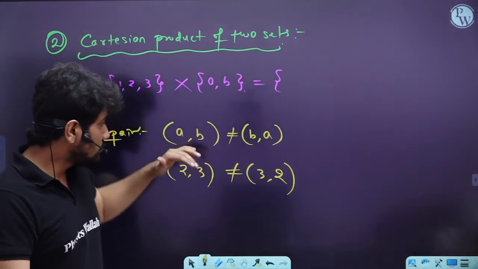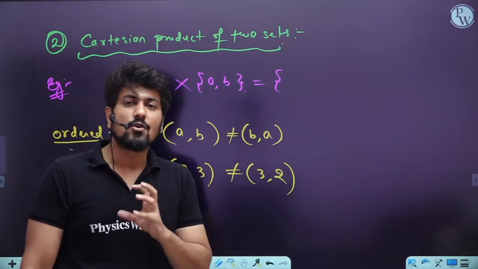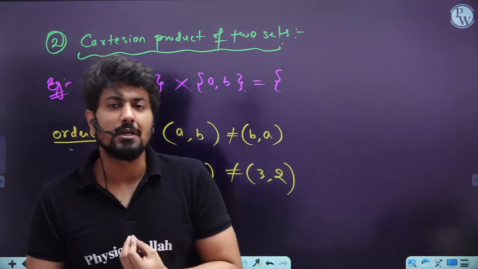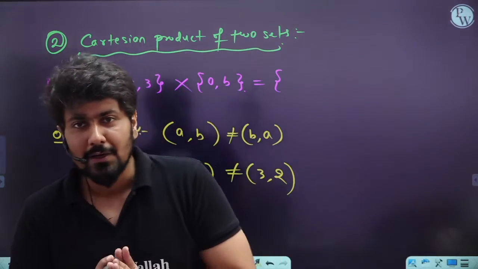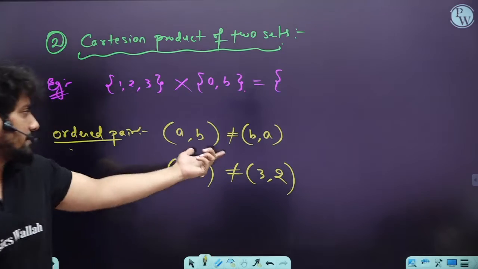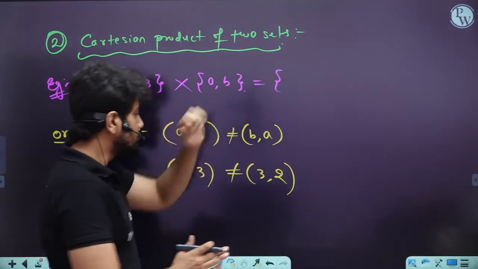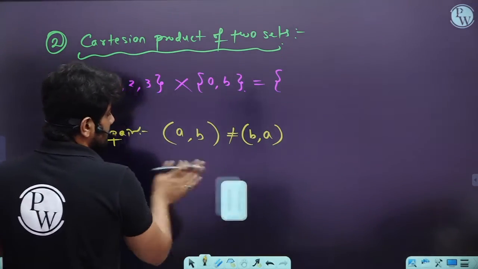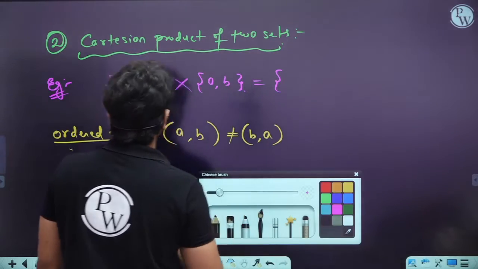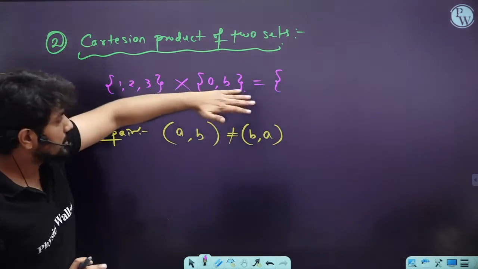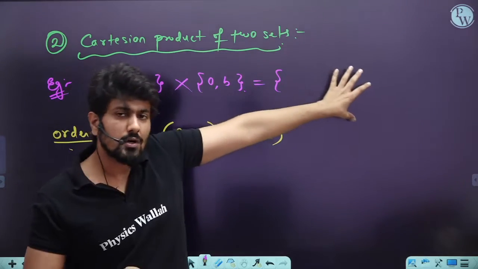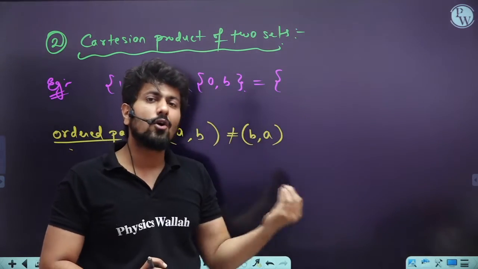Okay, so we use ordered pair to represent the coordinate in coordinate geometry. Okay, so this is where you have seen these ordered pair and now you are going to see these ordered pair in the definition of Cartesian product as well. So the definition of Cartesian product is that Cartesian product of two sets is also a set of all the ordered pair.